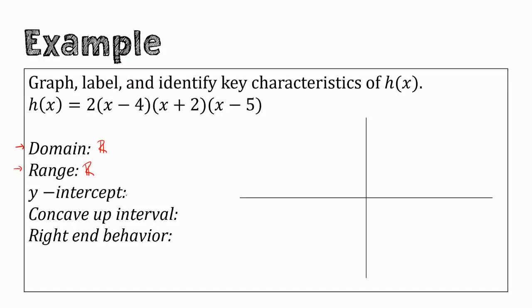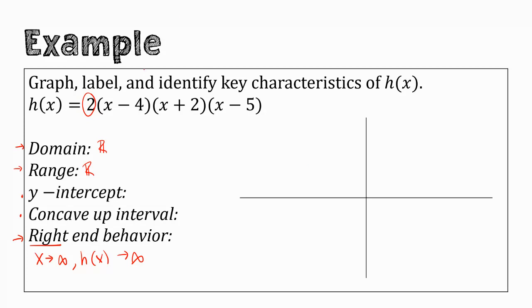I am going to jump down here and do the right end behavior. Remember, as x goes to infinity, it says right. We control this. What's the name of the function? H of x goes to, well, my leading coefficient is positive, so it's going to go to infinity. Third degree, leading coefficient positive. The next thing that I want to do is the y-intercept and the concavity. So I am going to expand this.